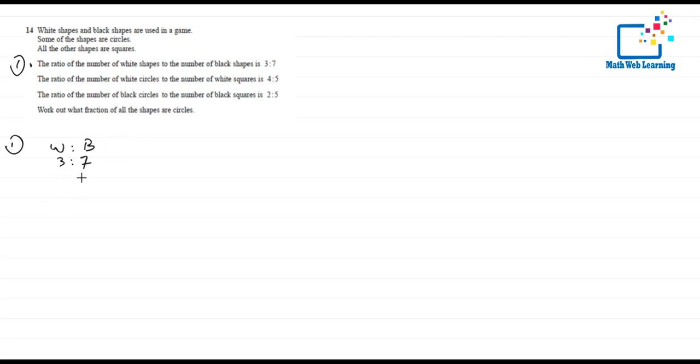So we can start converting it to fractions. So the white is 3 out of 10, and the black represents 7 out of 10. Now let's do the shapes here, number 2. We've got white circles, which I'm going to write as WC to WS, white circles to white squares.